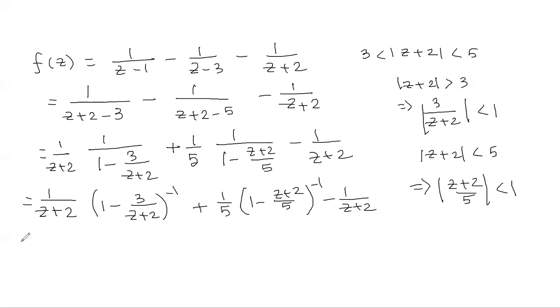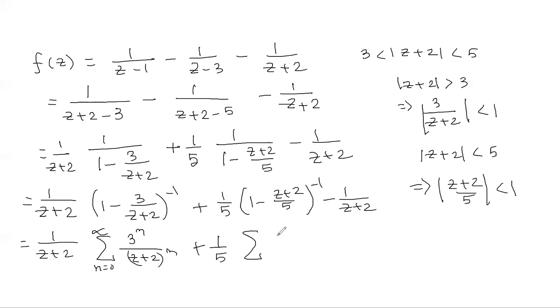So this expansion is 1/(z + 2) times the sum of 3^n/(z + 2)^n, n equal to 0 to infinity, and here we are getting the sum of ((z + 2)/5)^n, minus 1/(z + 2).